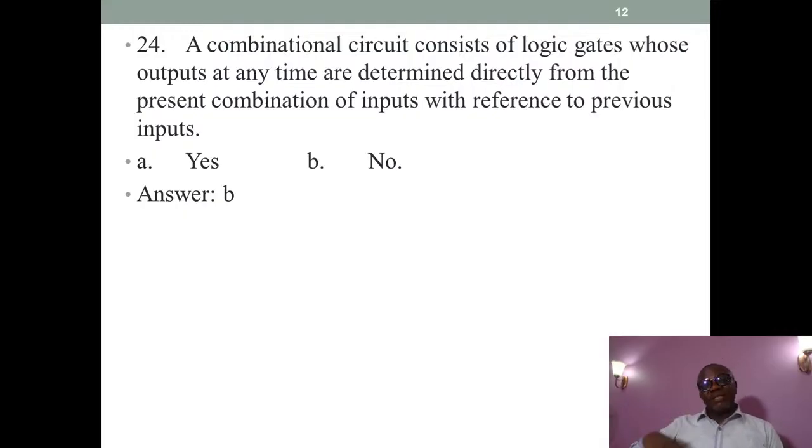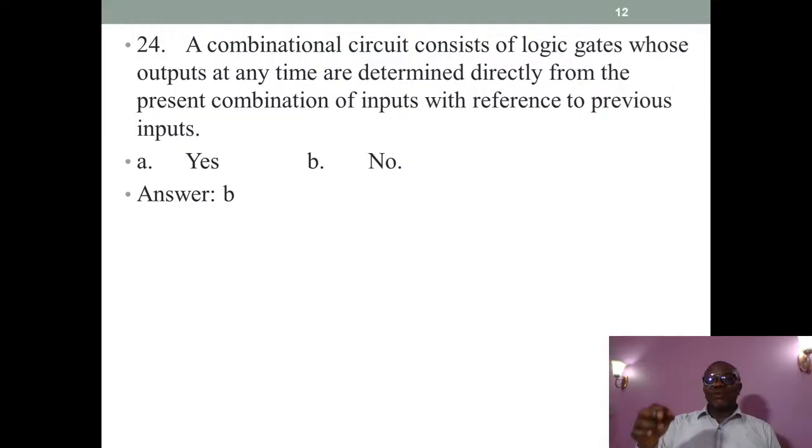But when it makes use of the previous input, you will say that it is a sequential circuit. That is the difference between a combinational circuit and a sequential circuit. A sequential circuit tries to remember the previous input and work together with the current input to give an output. In other words, when we start treating sequential circuits, you will see that it always has a memory.